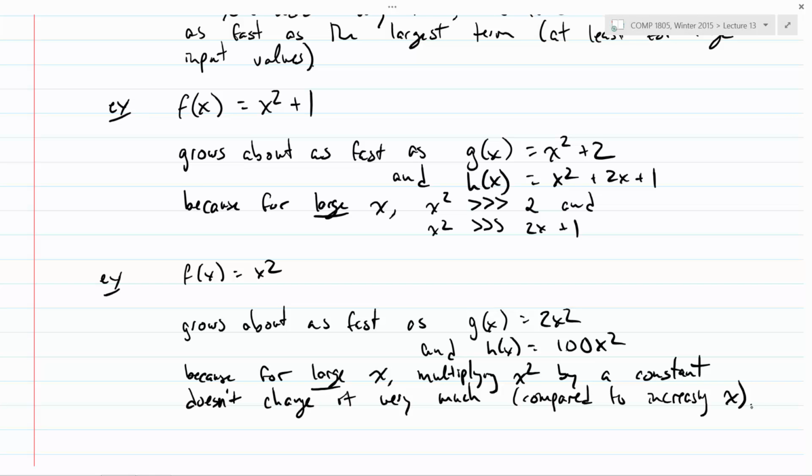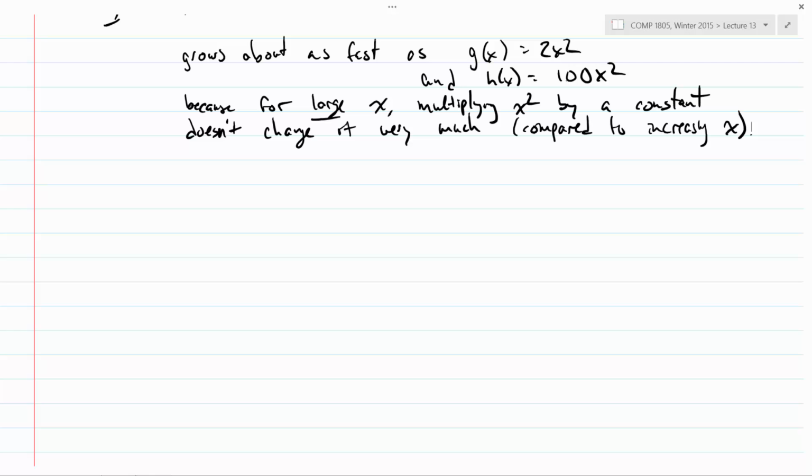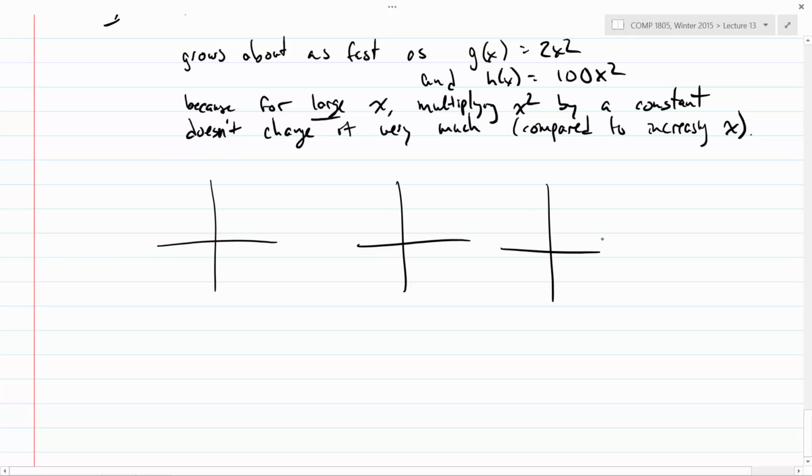Essentially what this means is when we want to compare these functions, we're looking at what the shape of the function's curve looks like. So if we have, let's say, 3 graphs, and this one is f of x equals x, this one is f of x equals 3x, and this one is f of x equals 1/3 x.